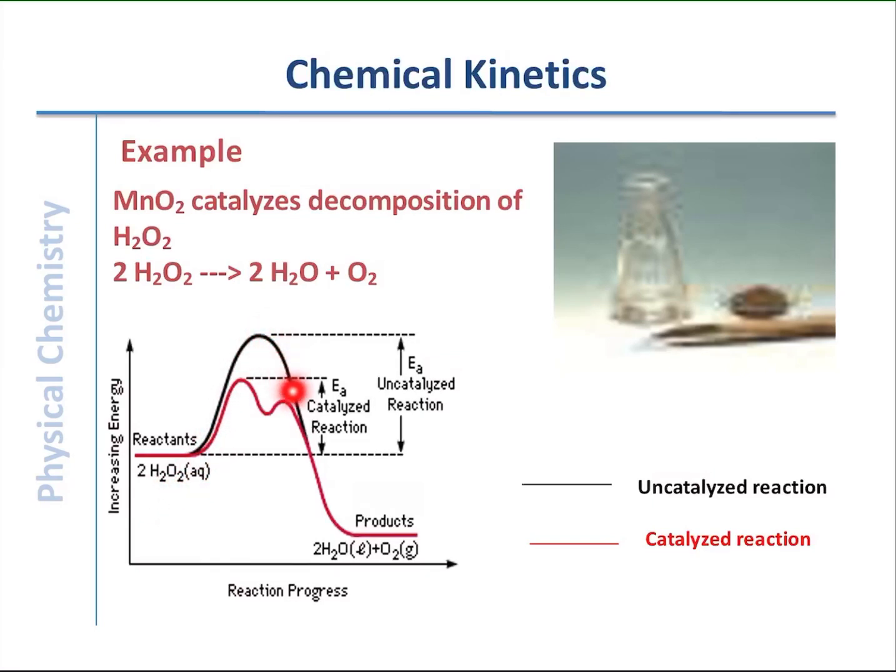The black reaction is the uncatalyzed reaction, and the red reaction or red curve is for the catalyzed reaction. We can easily detect that in the catalyzed reaction, the activation energy is lower than the uncatalyzed reaction because of the presence of the catalyst.